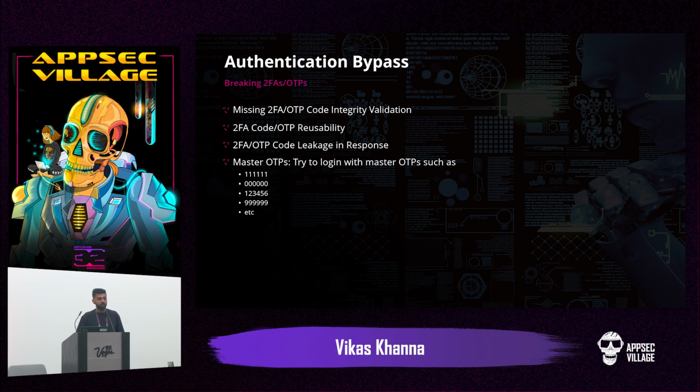Two-factor authentication or OTP, you can break that. How? Whenever you are performing pen testing especially, you can use these things. You can check for the integrity validation of OTPs. For example, I can send an OTP to my mobile number and send an OTP to my victim's mobile number.